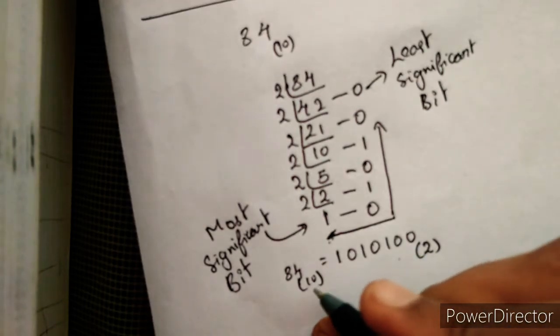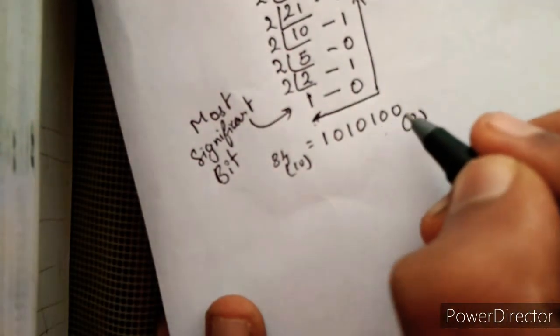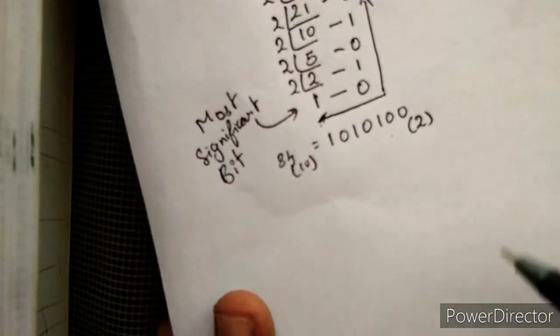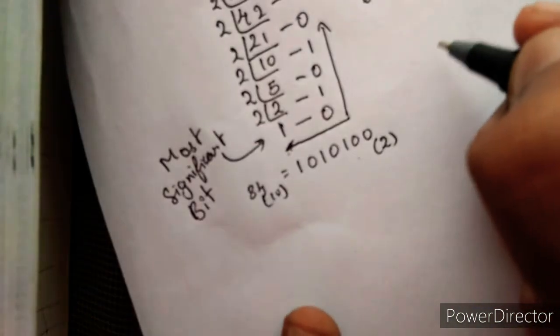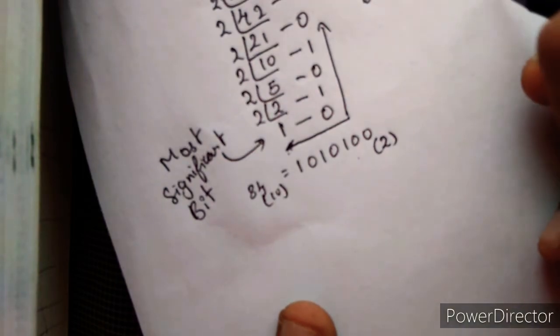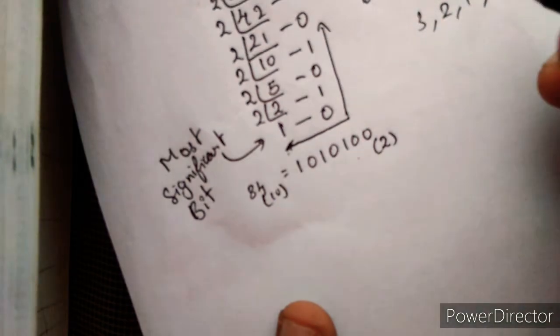To get back 84 from this number, you have to write 1010100 as a multiple of 2 raised to the place value. Place values starting from the least significant bit are given as 0, 1, 2, 3, and goes on.